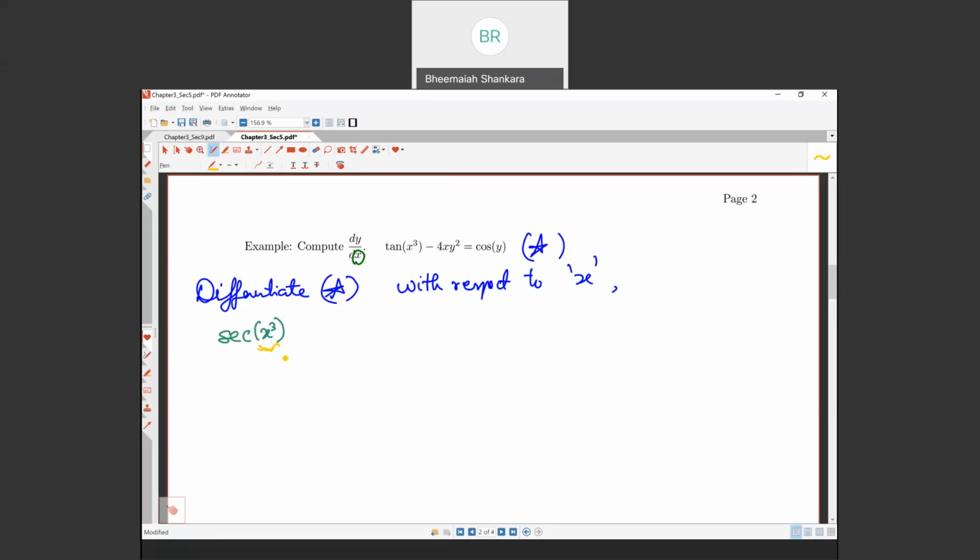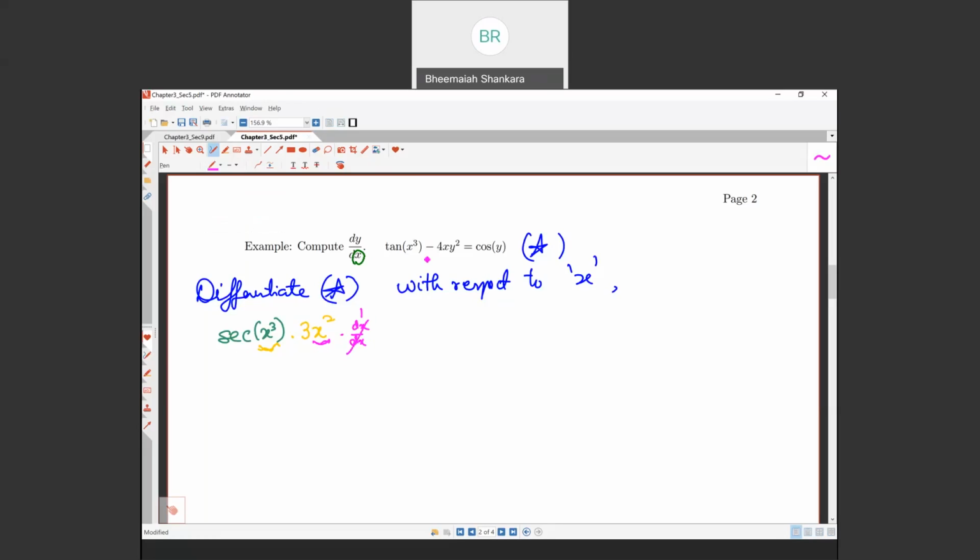So let us differentiate this x cubed. Derivative of x cubed with respect to x is 3 times x squared, the power rule of differentiation. And now we have to differentiate this x again. But the derivative of x with respect to x is 1, so it's okay for you not to write it. But if you want to understand, this is 1, so it's totally okay not to write that dx over dx.